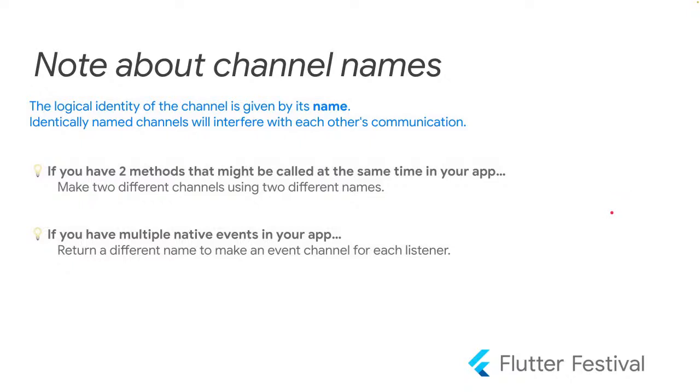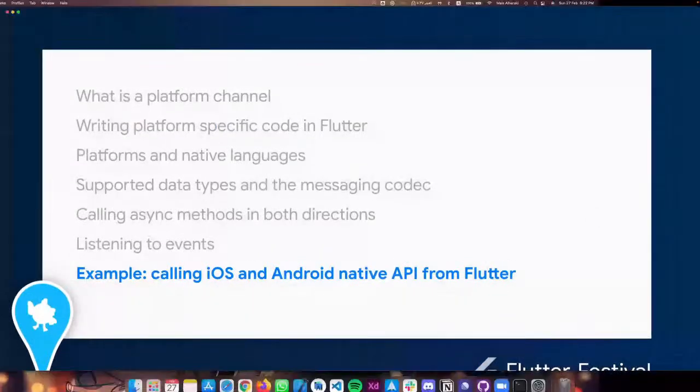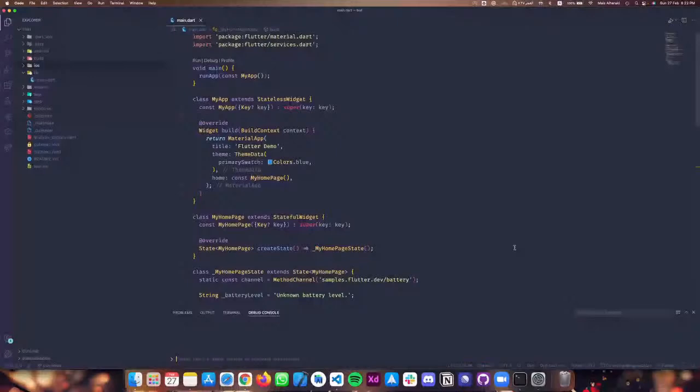Now let's see a real example on how we can call iOS and Android native APIs from Flutter. We go to the IDE. Now the code is already written, but I'm going to go over it and I'm going to show you how we can debug native code in our Flutter applications.